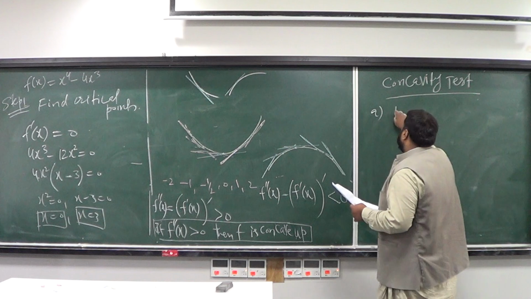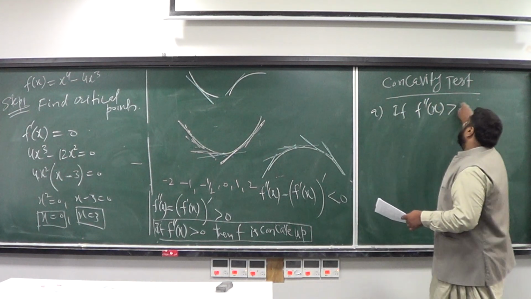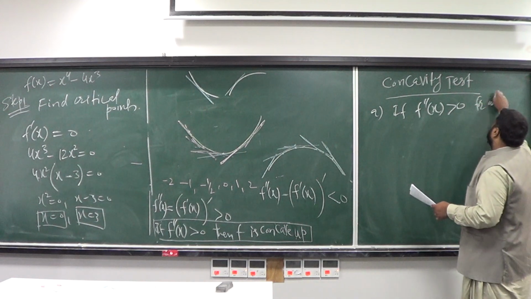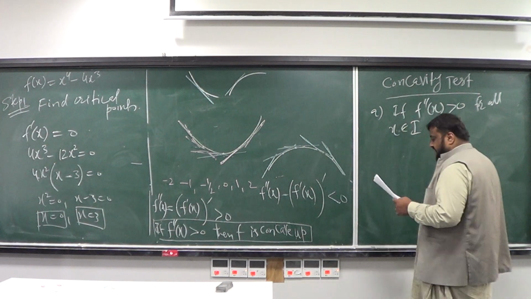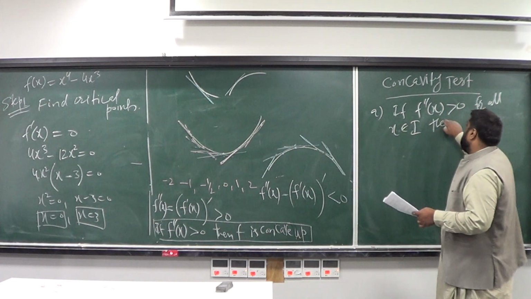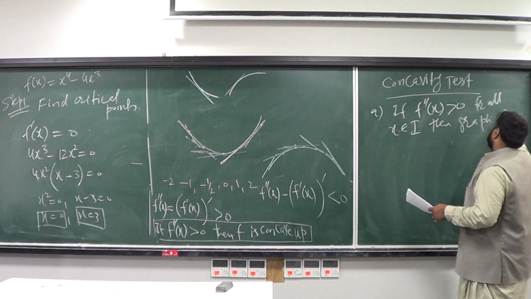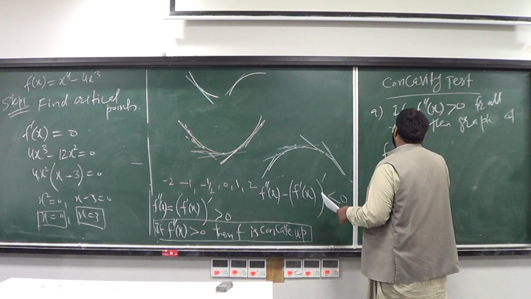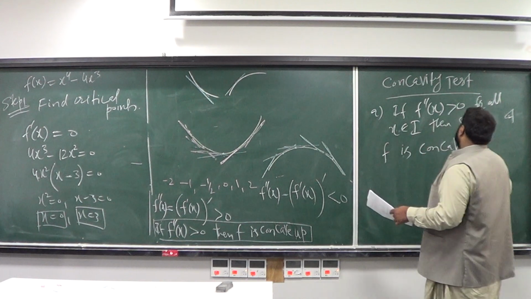So you're going to say that if f double prime of x is positive for all x in an interval I, then the graph of f is concave up.